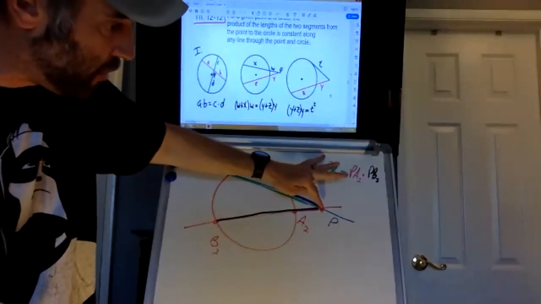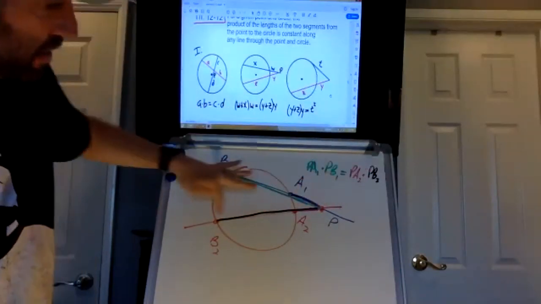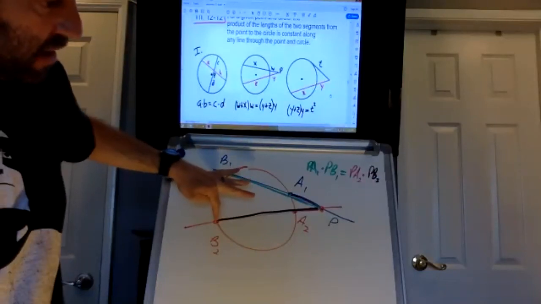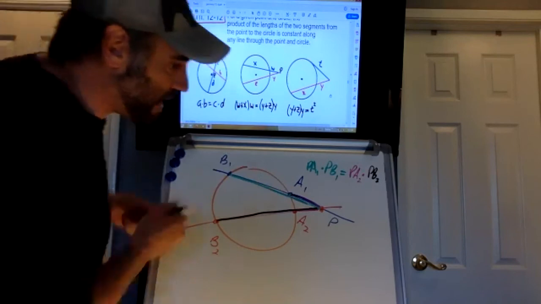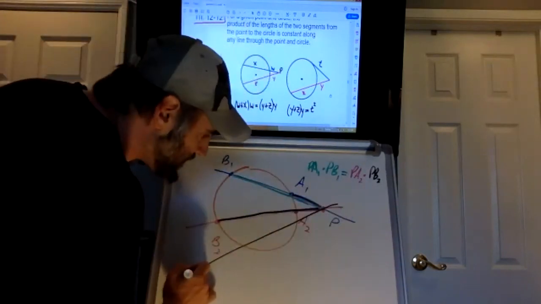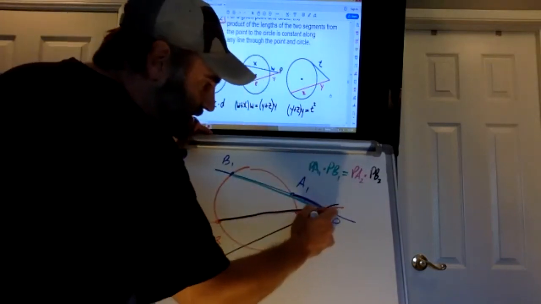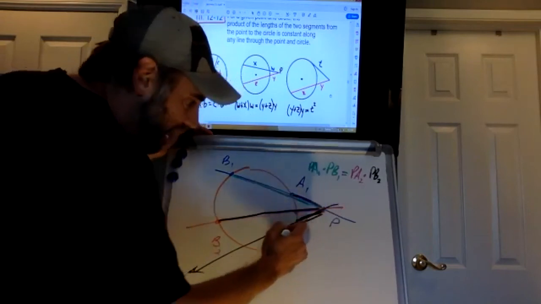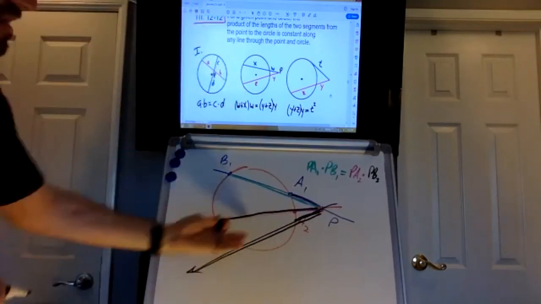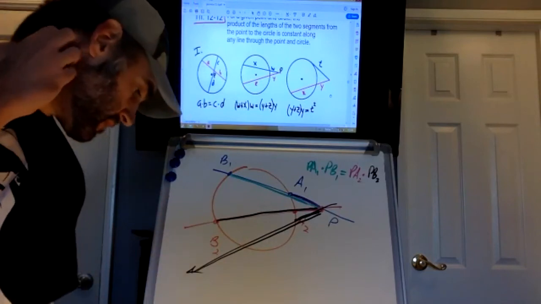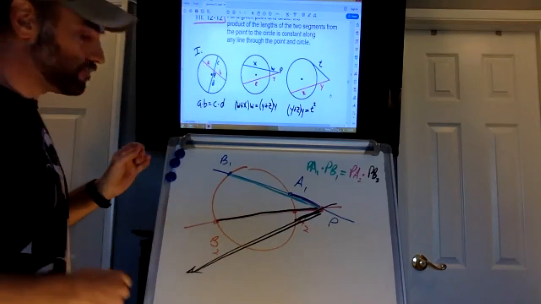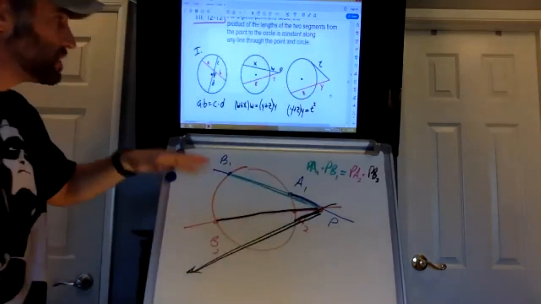So if I go from that point through another secant line, then that distance from here to the circle, even if it's way over here, even if it's off to the side, this distance times this entire distance is the same everywhere. Okay?